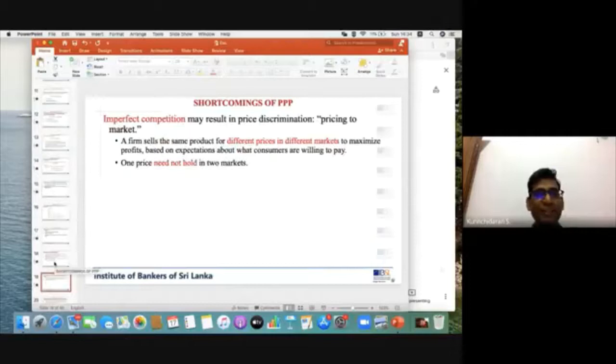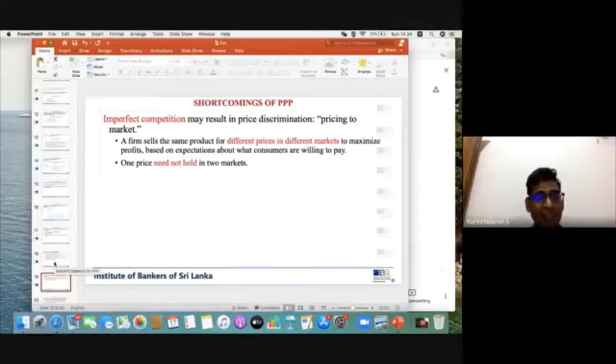And second, imperfect competition may result in price discrimination, or pricing to market. Now you can see the same product. As I said earlier, there should be perfect competition, and only then you cannot sell your product at different prices, because you have perfect substitutes and perfect competition in the market.